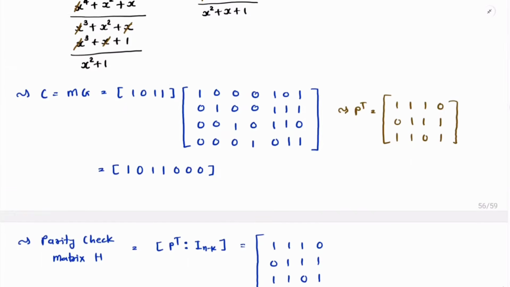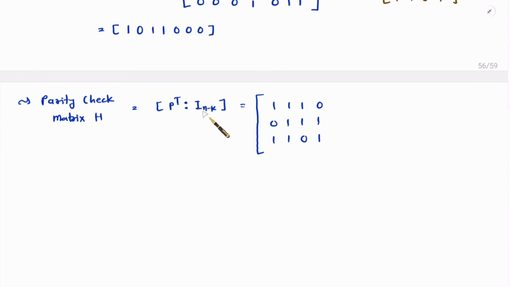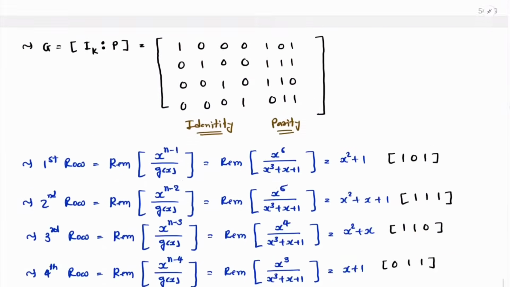So here identity I3 that we need to write. One should know with identity, diagonal is having ones and other bits are zeros, right? So this is how one can write identity n minus k, and this is what P transpose, that will be parity check matrix, right?